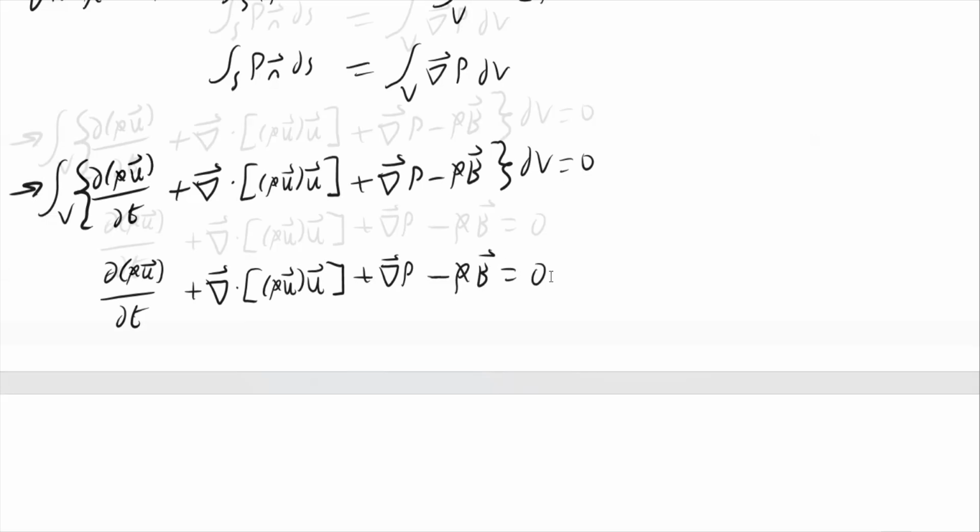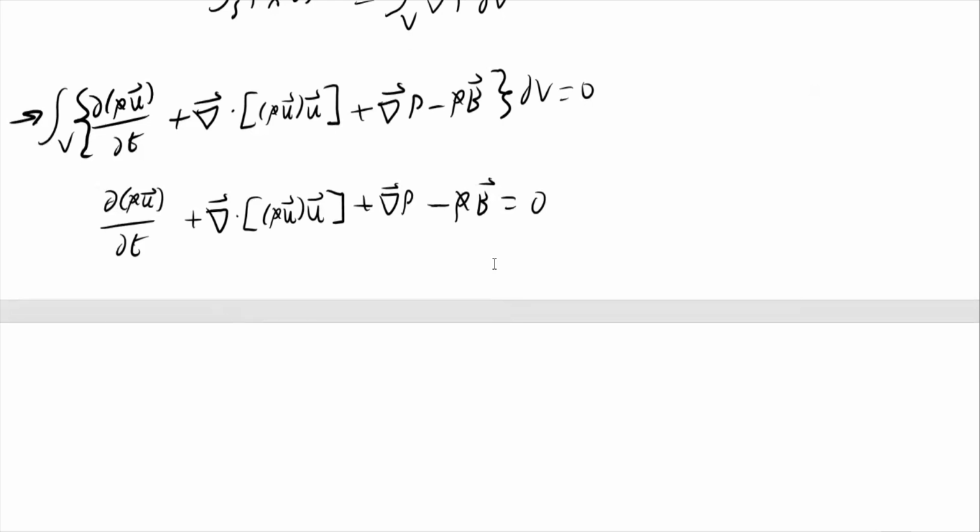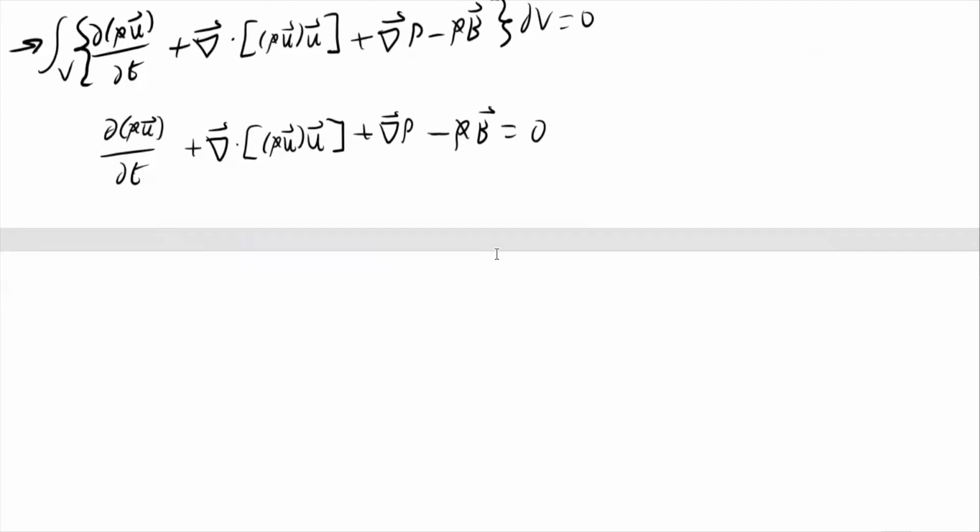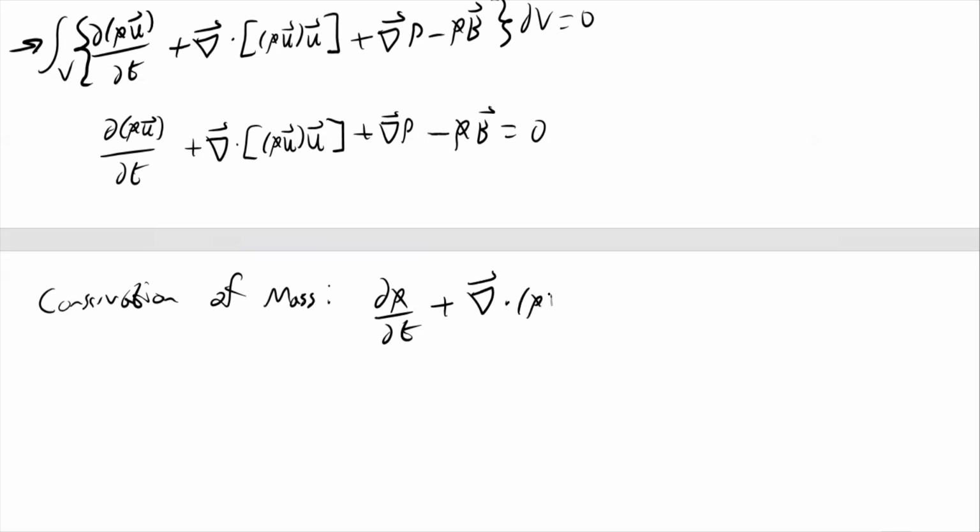Okay, so this is technically the derivative form of the conservation of momentum equation. However, we can simplify it even further if we recall the conservation of mass equation. So the conservation of mass in derivative form is d rho dt plus the divergence of rho u is equal to 0.